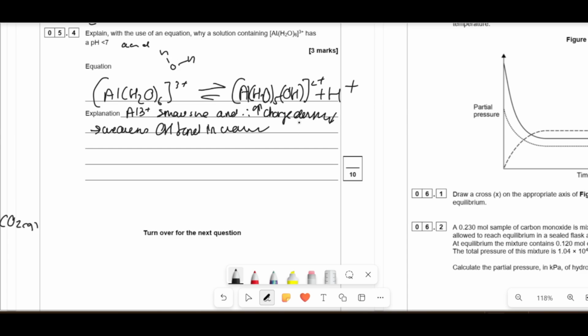So it weakens the OH bond in water, and that releases H plus ions. By definition, anything in the universe that gives out H pluses is an acid. So for example, HCl, remember that although it's a strong acid, it's still technically reversible, H plus Cl minus. This is an acid because it can give out an H plus. This is a base because it can accept an H plus to become that. That's how acid-base reactions happen.